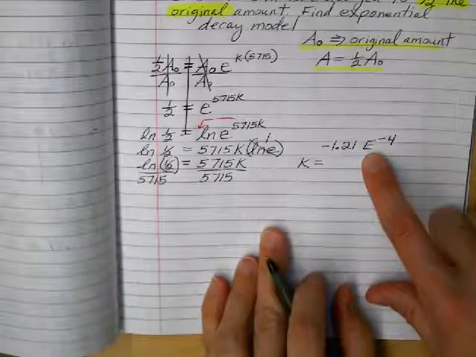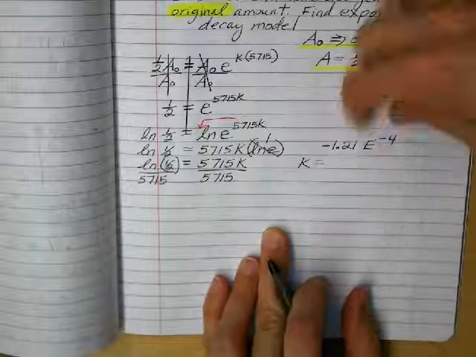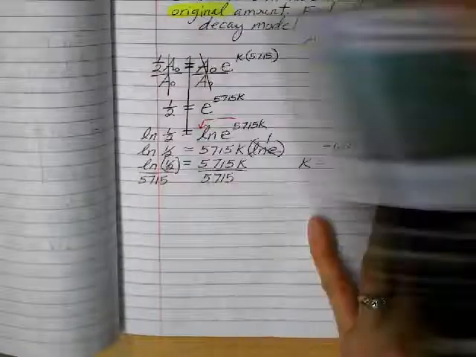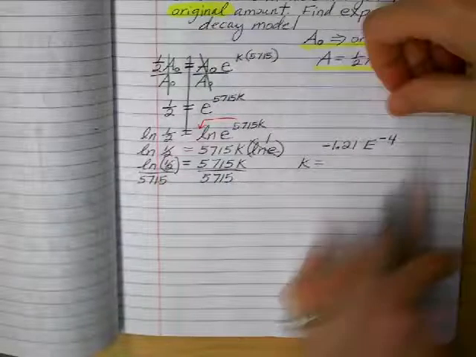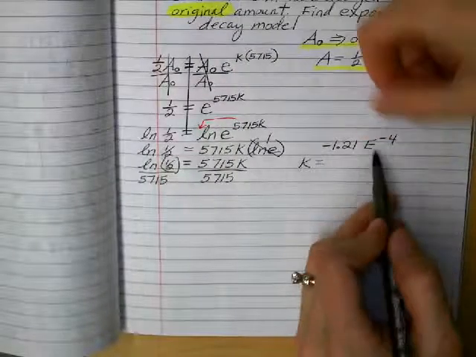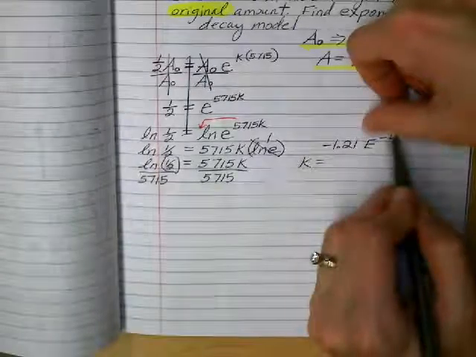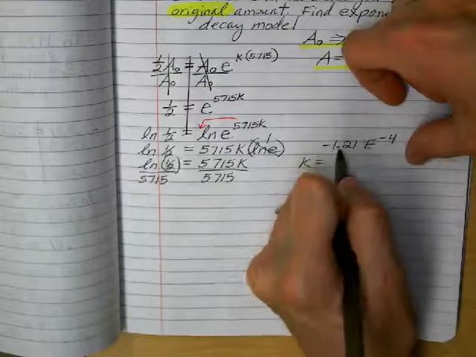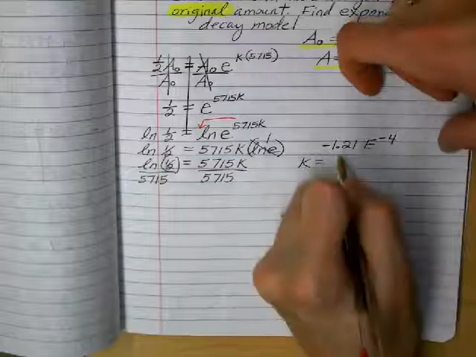I was using one of these big graphing calculators this time. It depends on what calculator you use. If it says e, that means times 10 to the negative 4th power. So really that means this decimal should be moved back 4 places. So yours is right, it's giving you the right decimal.